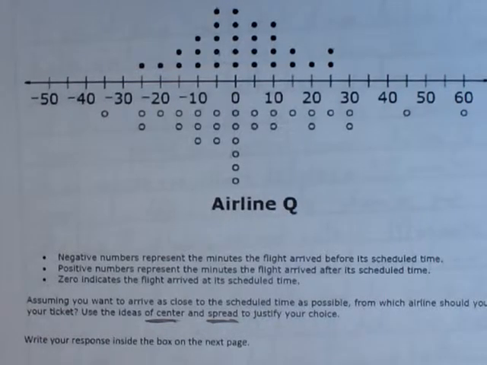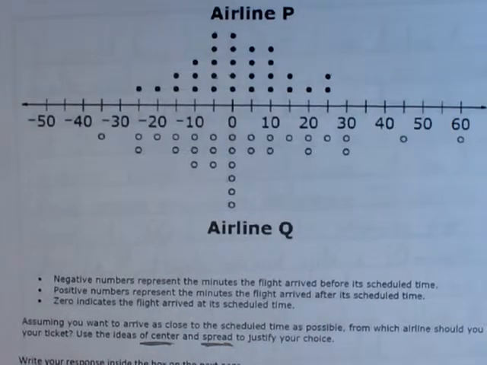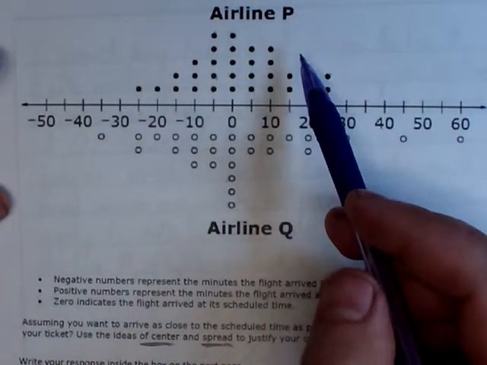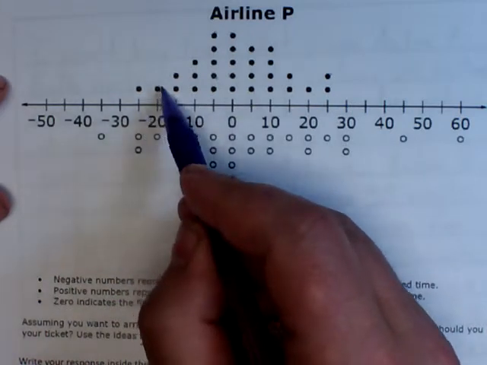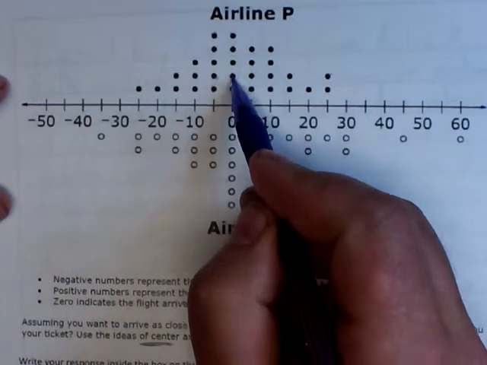A very popular measure of center would be the median. So let's just first of all look at the median here. If there's 30 points for each of these, the median would split it into 15 and 15. So 1, 2, 3, 4, 5, 6, 7, 8, 9, 10, 11, 12, 13, 14, 15.